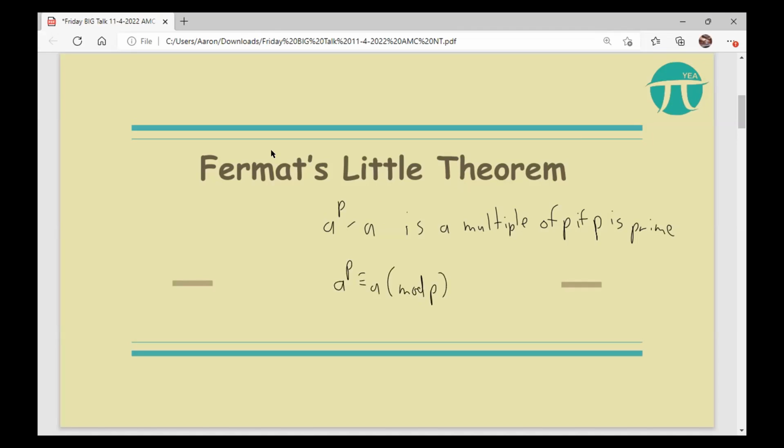So if a is not divisible by p, which basically means that a is not 0 mod p, then you get the result that a to the power of p minus 1 is congruent to 1 mod p. And I think you can see how this is done because all you're really doing is dividing both sides by a.